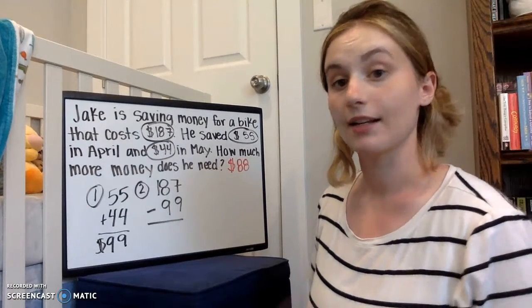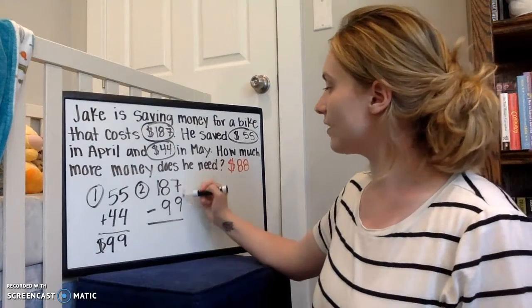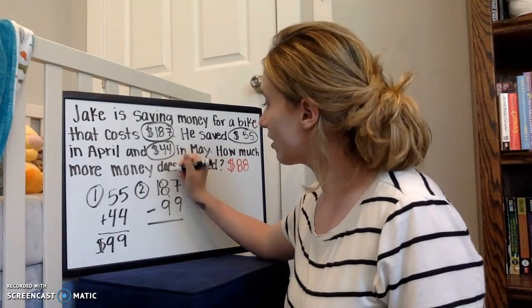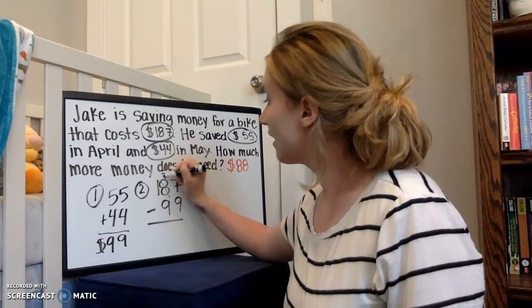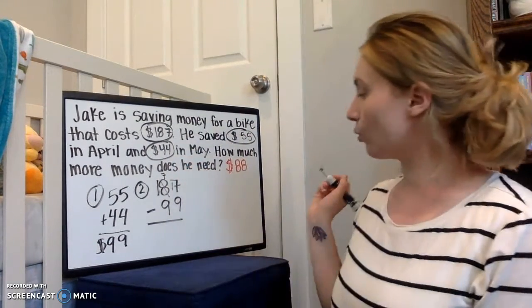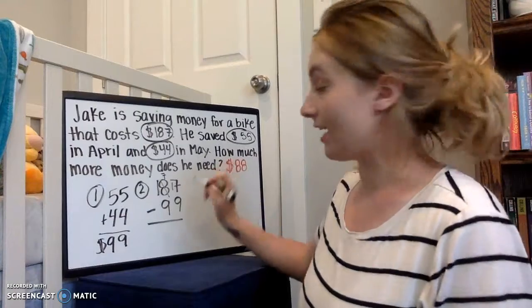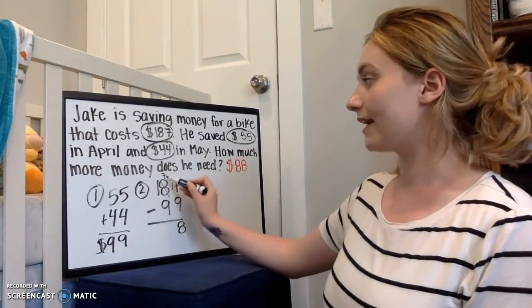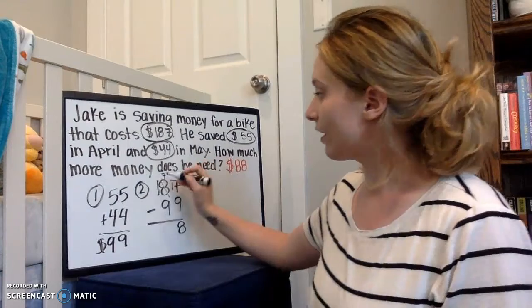So let's see if they are reasonable. 7 minus 9. I can't do that, so I'm going to go for my 8, steal a 10. Sorry, 8, you're now a 7. But, lucky 7, you're now a 17. Woo! 17 minus 9 is 8. Oh, I can't take 9 away from 7. So, gotta go to my 100.